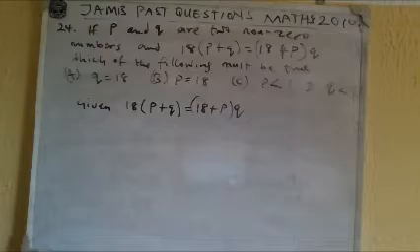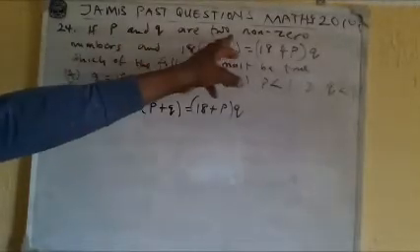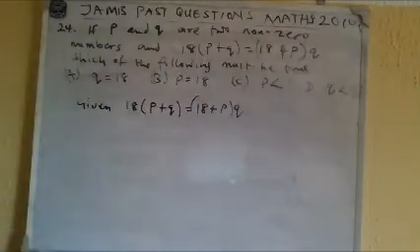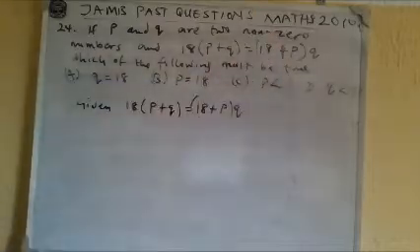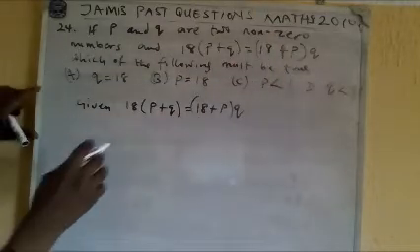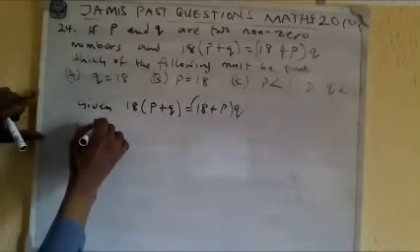Now look at the question. It said, if P and Q are two non-zero numbers, so they are not supposed to be zero. Note this, they put non-zero here for a purpose. Okay. All right, so expand first. Expand means just multiplying. 18 times P is 18P.